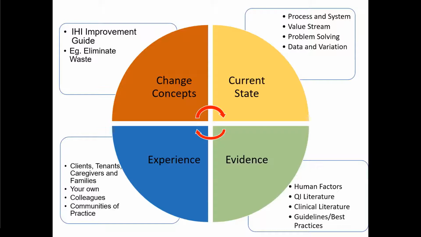Evidence: there is a lot of literature that you can review, such as guidelines and best practice. And a really great resource are the people that experience your service: clients, tenants, caregivers, families, your own experience, your staff's experience, and the communities of practice and their experiences.